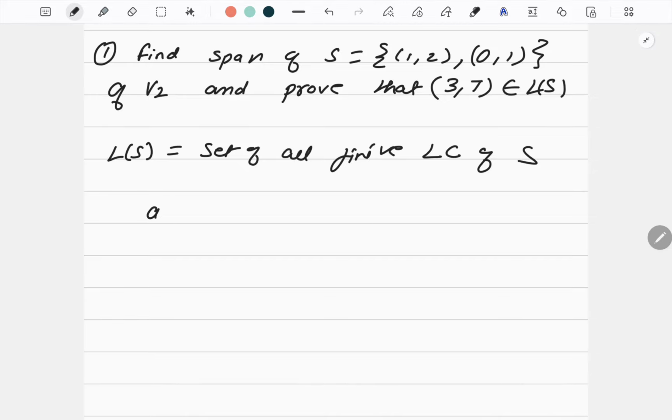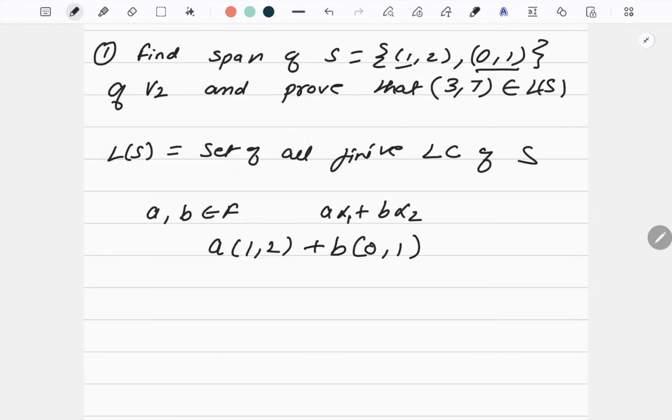If a and b belong to F, then the linear combination will be equal to a alpha 1 plus b alpha 2. A alpha 1 means a times the first element of S, so a(1, 2), plus b times the second element, (0, 1). So this is a linear combination, or you can say this defines the span, for different values of a and b.